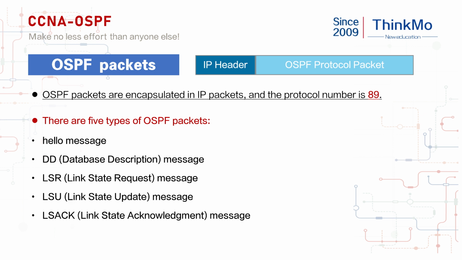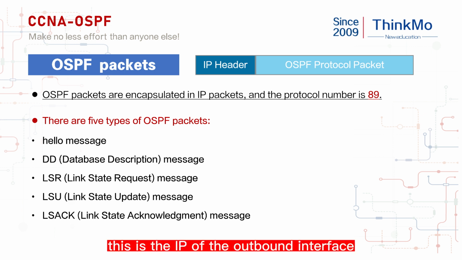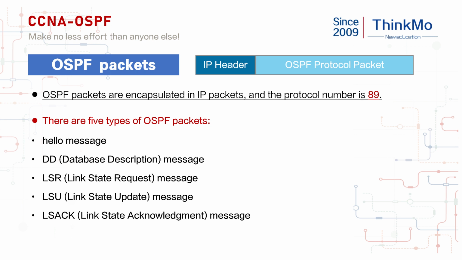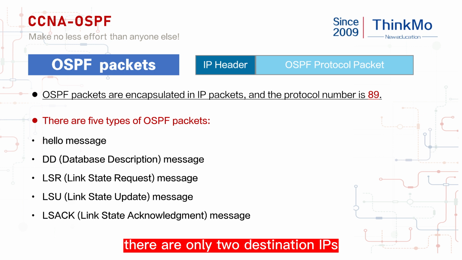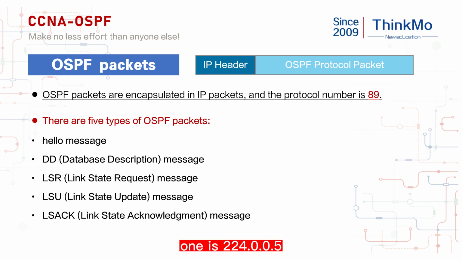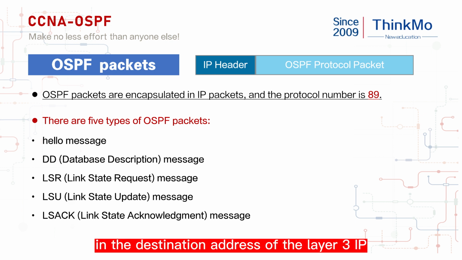Generally speaking, this is the IP of the outbound interface that sends the message. For OSPF, there are only 2 destination IPs. One is 224.0.0.5. One is 224.0.0.6. It uses these 2 addresses for overall update and learning. That is, this address will be filled in the destination address of the layer 3 IP.